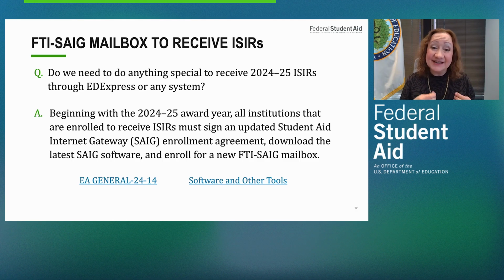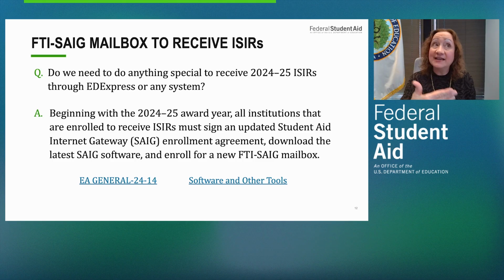FTI SAIG is a separate system used to transmit ICERs beginning in 24-25. And the FTI mailbox has been established specifically with updated security protocols to handle the transmission of ICER data containing federal tax information from the IRS, the Internal Revenue Service.